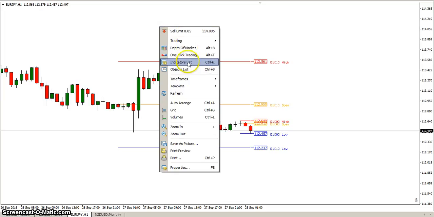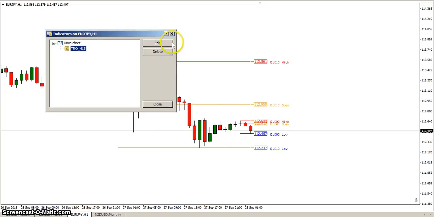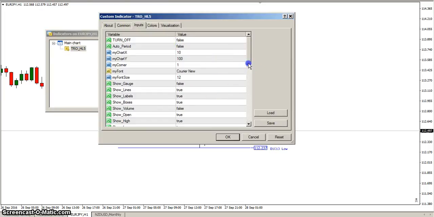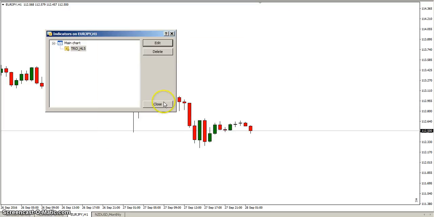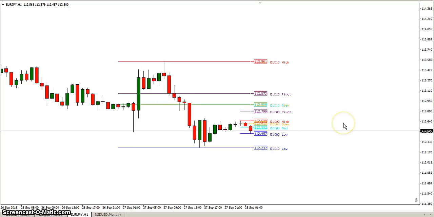Now, what else can we do with this indicator for trading? If we turn on the midpoint and the pivot, we can see we can trade off of the pivot and the midpoints.